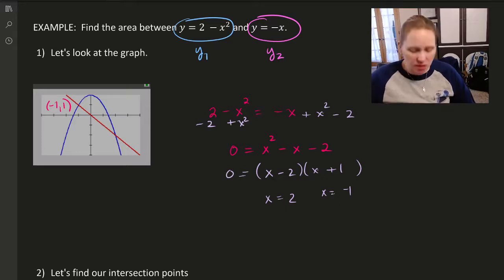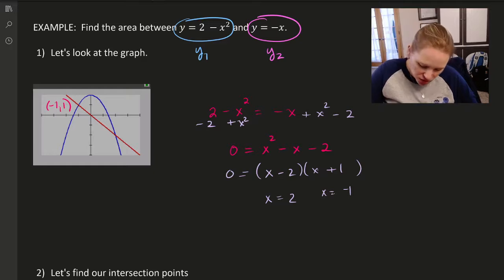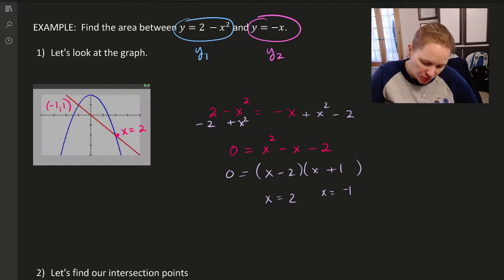So this is a reasonable problem that you would be expected to do without the use of a calculator. So let's continue, and we'll do our setup. We'll do it without a calculator, and then we'll check it with our calculator. So the upper curve is y1.